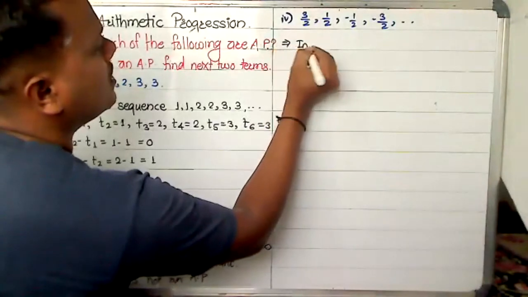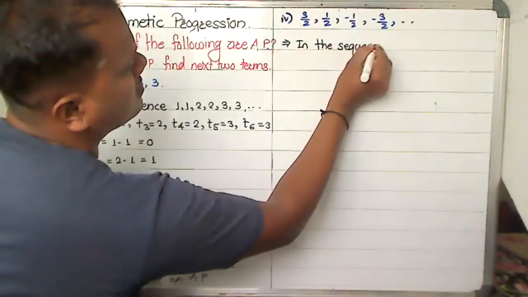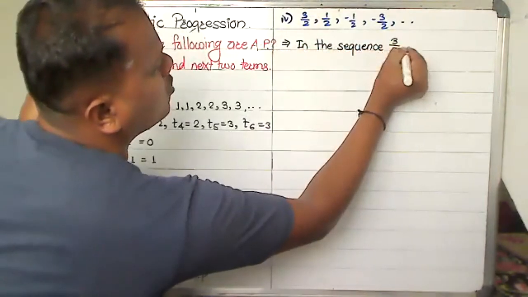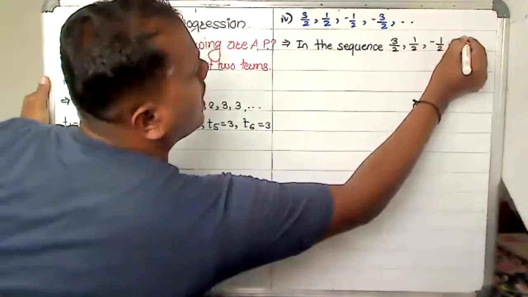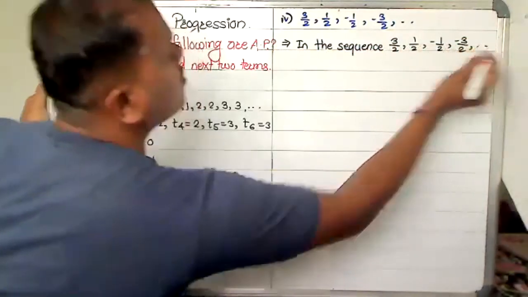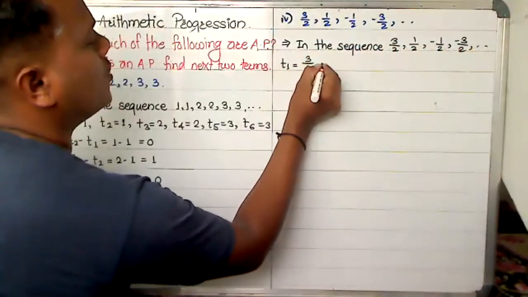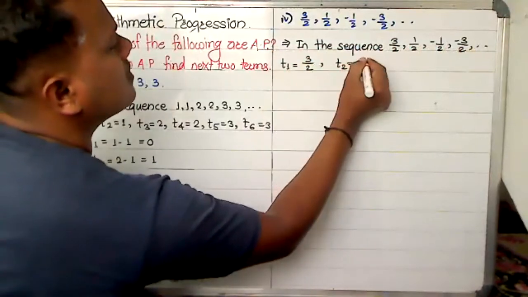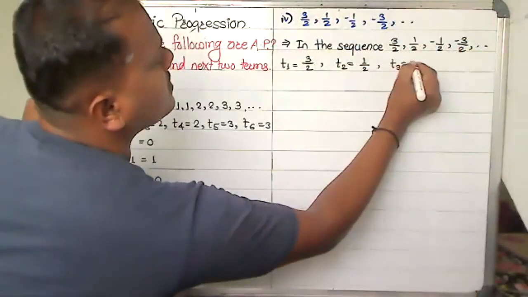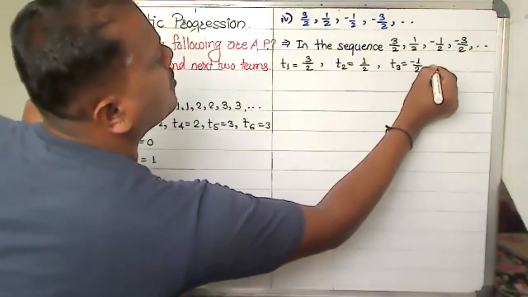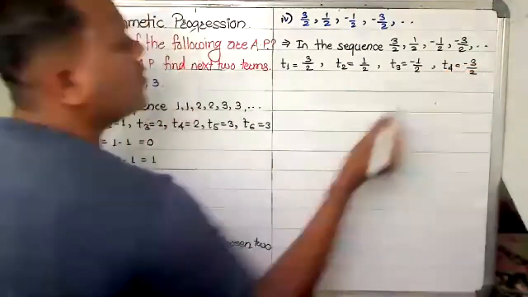So in the sequence 3 by 2, 1 by 2, minus 1 by 2, and minus 3 by 2, T1 is 3 by 2, T2 is 1 by 2, T3 is minus 1 by 2, and T4 is minus 3 by 2.